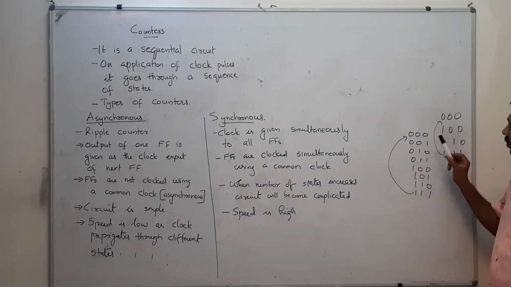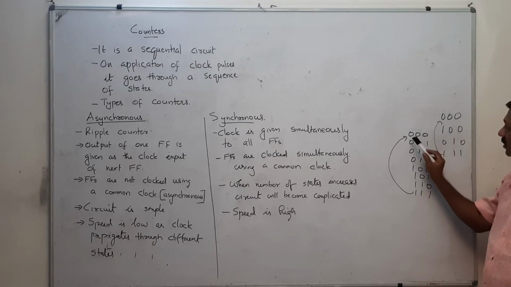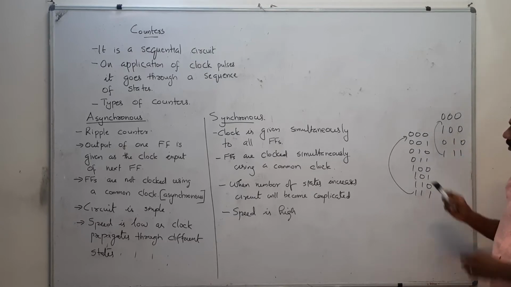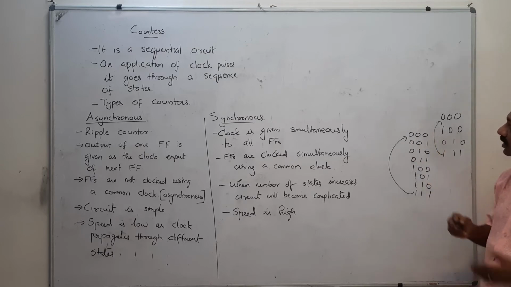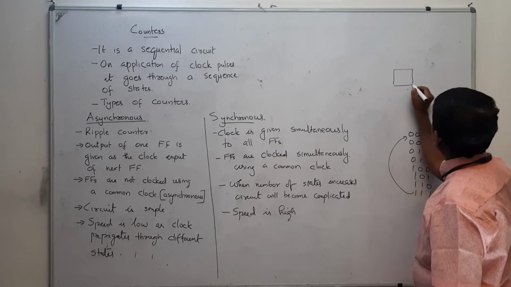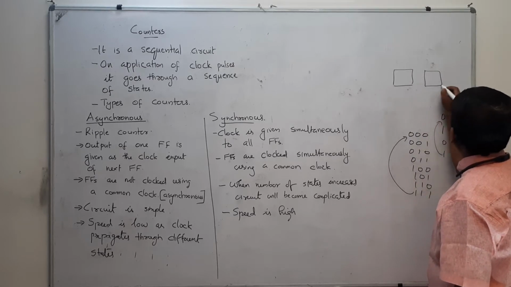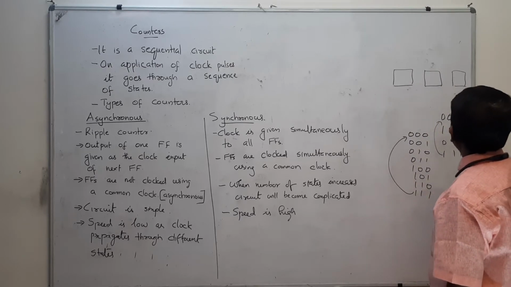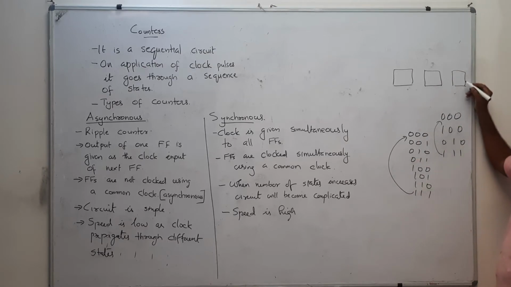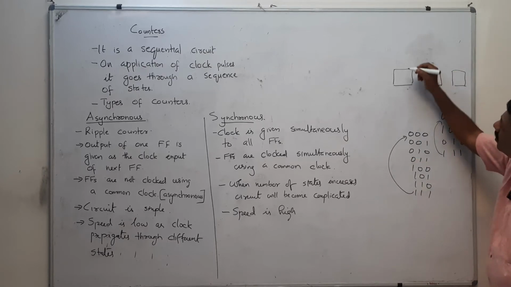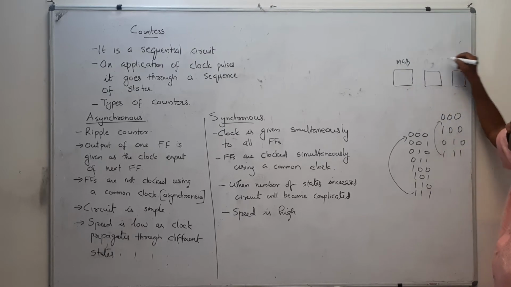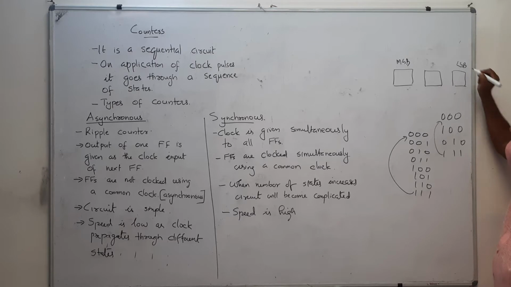Suppose that you have here for this 0, 0, 0, 0, 0, 1, 0, 1, 0, etc. For storing each bit you need a flip flop. That means this is flip flop number 1, flip flop number 2, and flip flop number 3. Here you have 3 flip flops, and suppose that this is the most significant bit and this is the least significant bit.